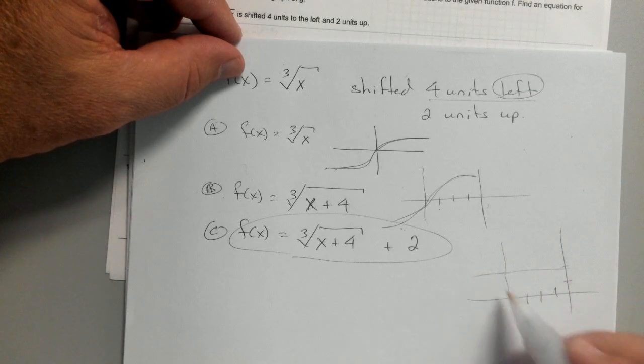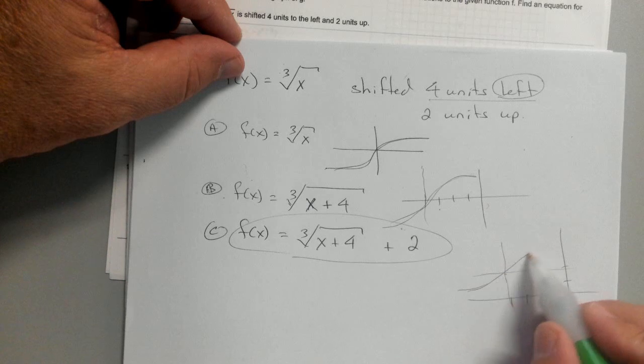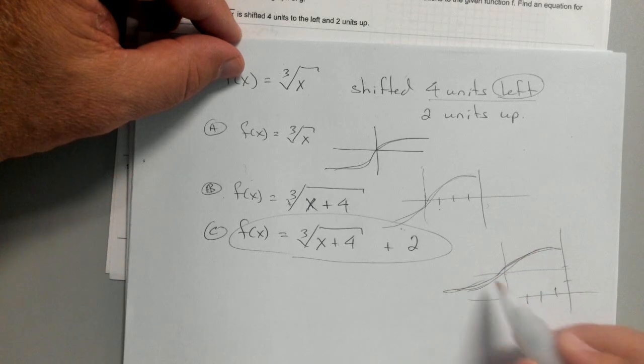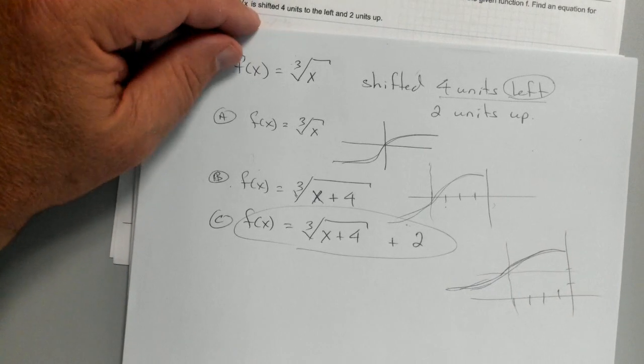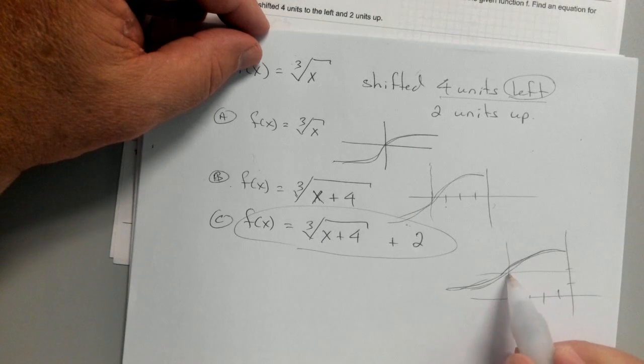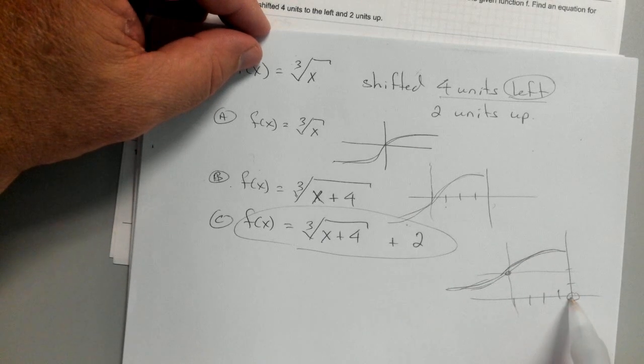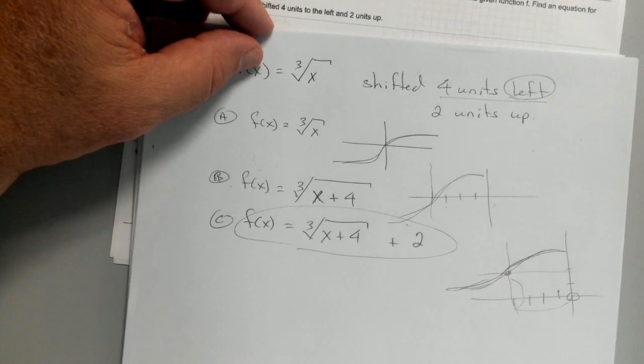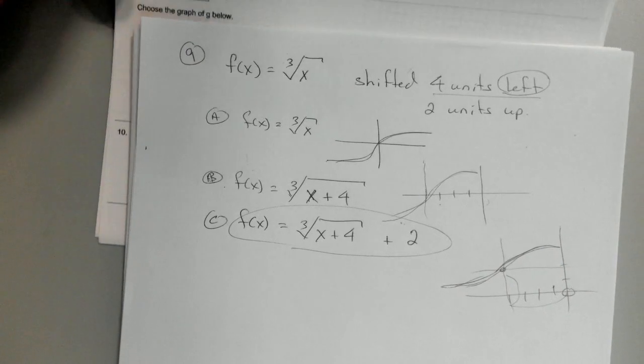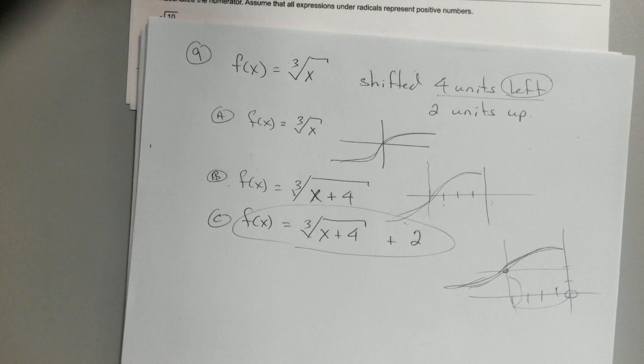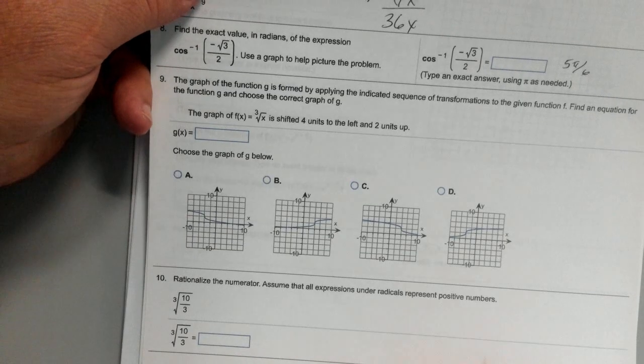This is my new origin, so the graph looks the same. All I did was shift it 4 units left, 2 units up, so the whole thing moved over. Which graph do you think it is? It's D. D is correct.